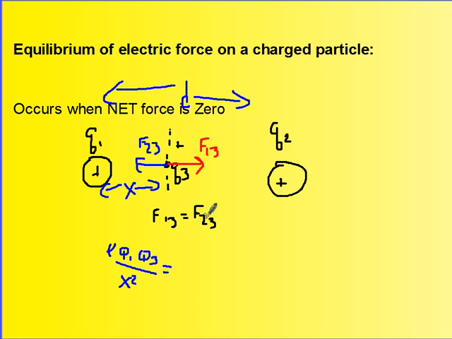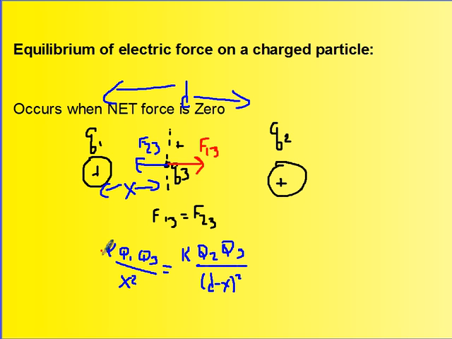This has to equal F23. F23 is K Q2 Q3 divided by, now what is the distance between 2 and 3? It's d minus x, (d minus x) squared. Now look at what is about to cancel.